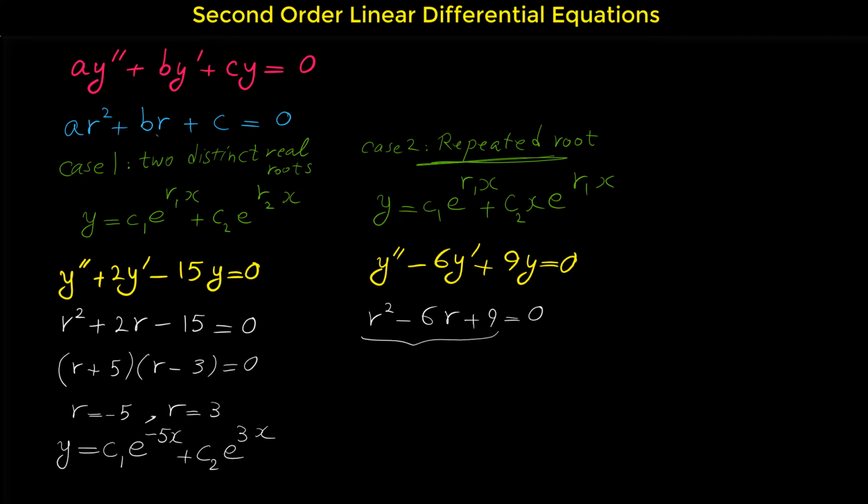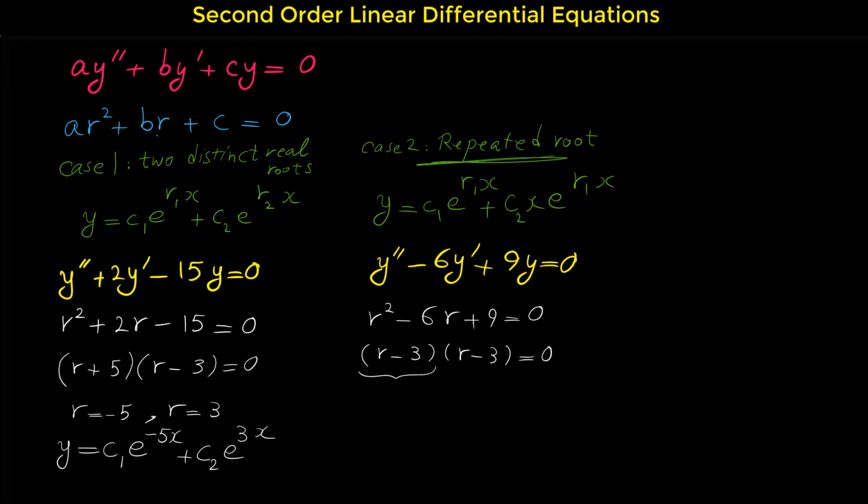Again, this is a really simple quadratic equation. Simply you can factor this as r minus 3 times r minus 3. Or another way is to use the quadratic formula for finding r. It's up to you which method you prefer, which method you are more familiar with.